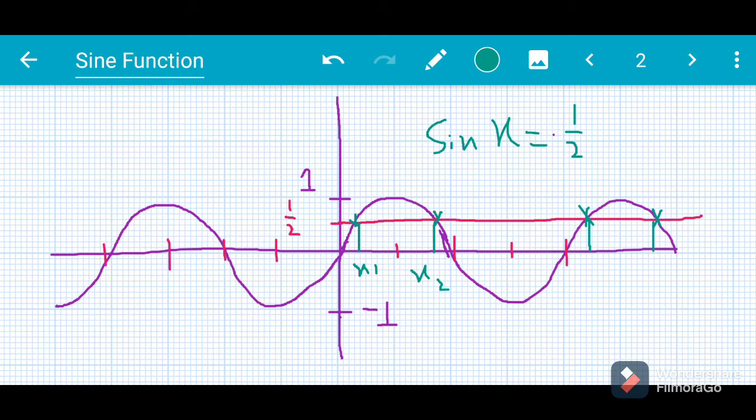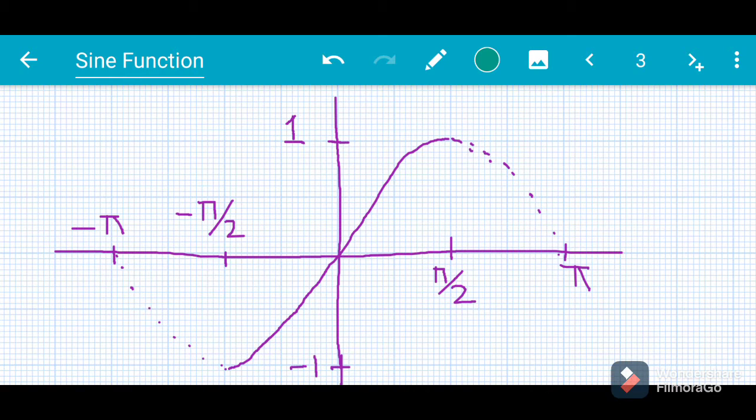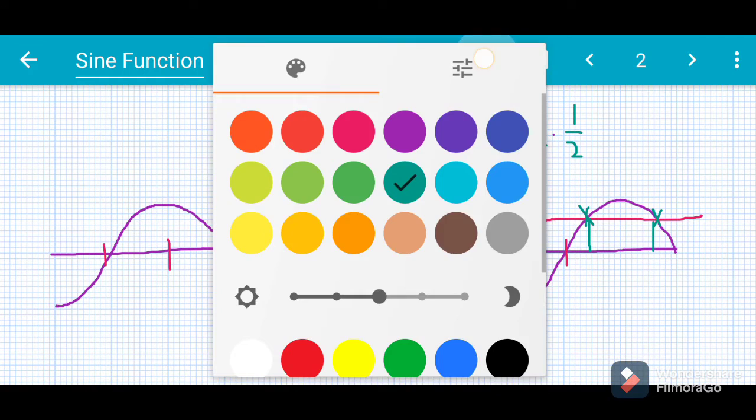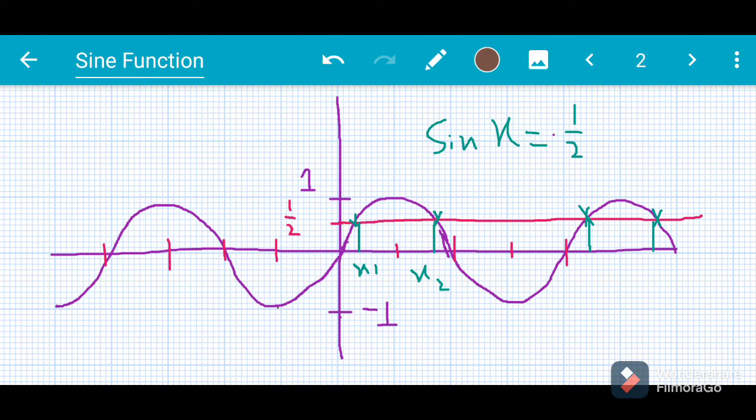Now we can make that function bijective. How? Let me magnify this portion. What I have done is, this is minus pi by 2, and I have taken this portion of the graph in bold.